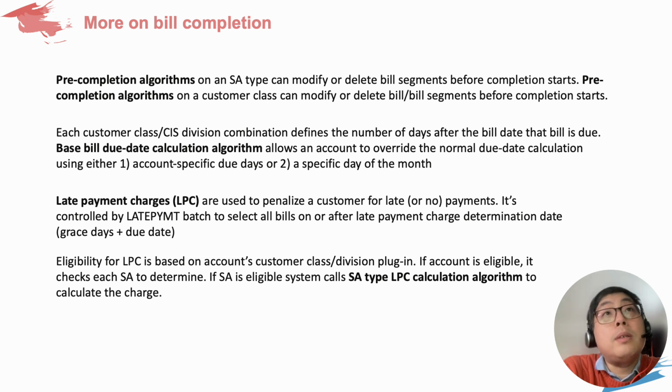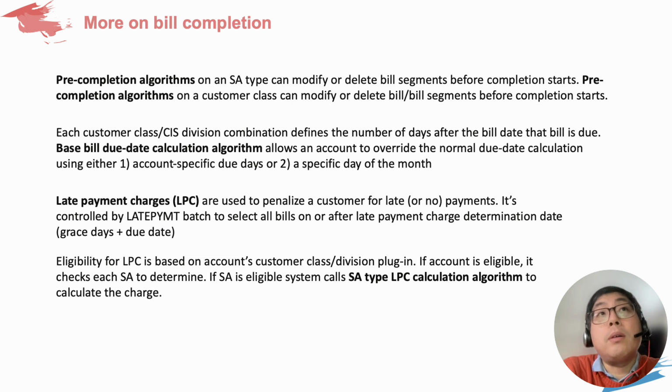Now the base one provided by the product allows an account to override the normal due date by either the account-specific due days or a specific day of the month. Okay, so these are the parameters for that algorithm which you can specify.